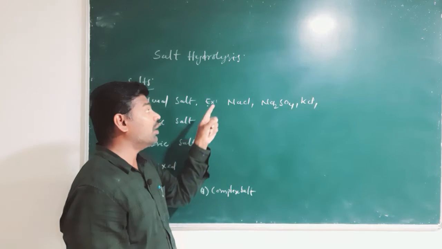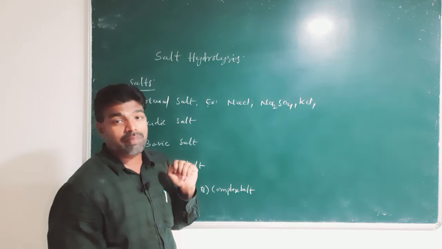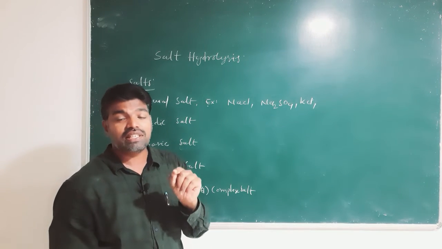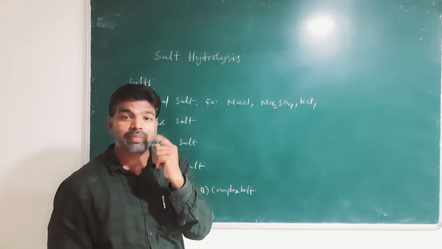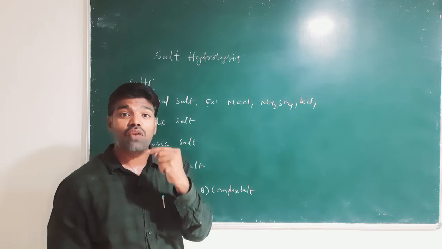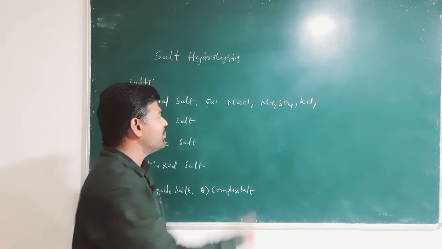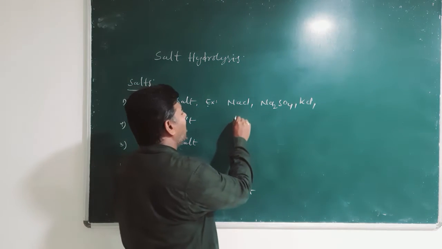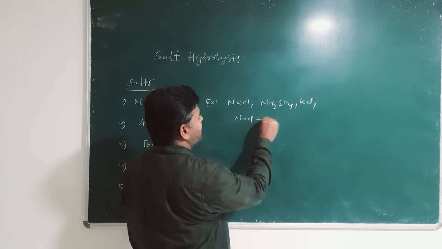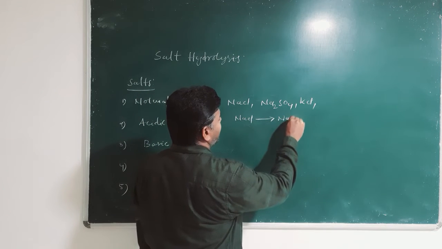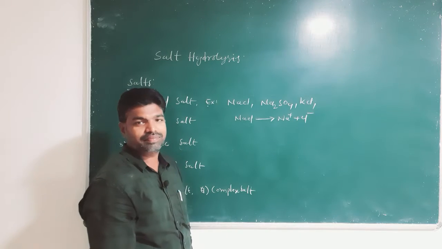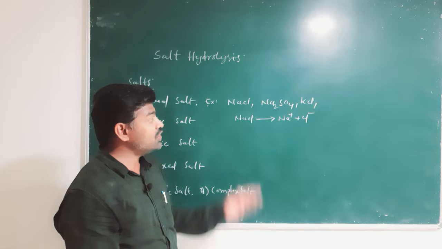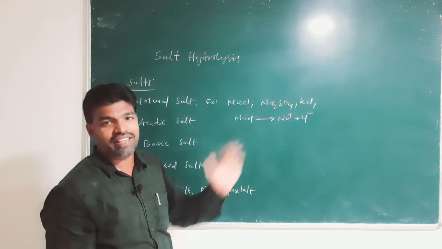What is meant by normal salt? The substance which does not release either H plus ions or OH minus ions in any of its ionization. For example, sodium chloride on its first ionization releases Na plus and Cl minus ions. So there is no chance to undergo further ionization.